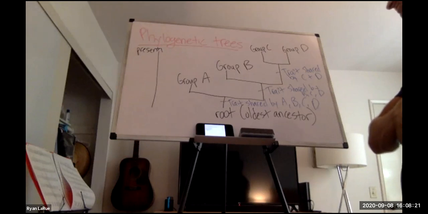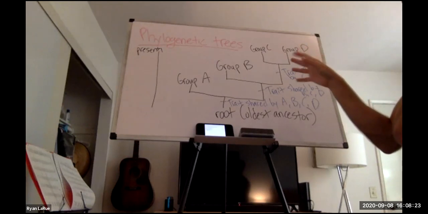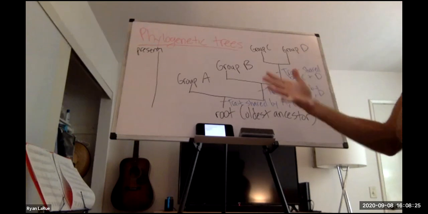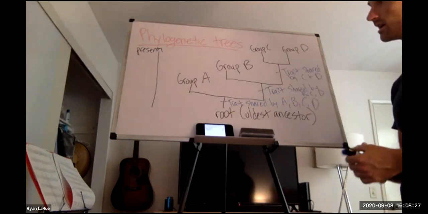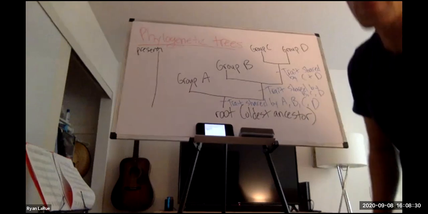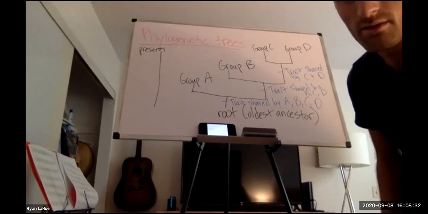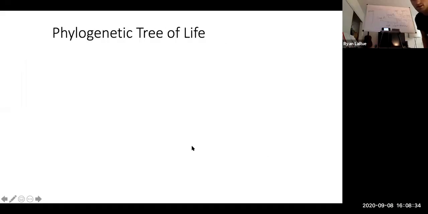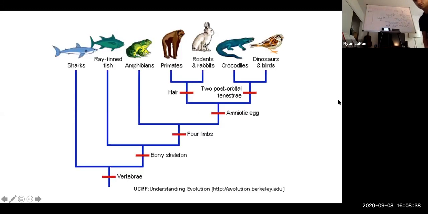Okay, this is a bit abstract, I guess would be the word. So let's look at an actual example of a tree, a phylogenetic tree. So this is pretty cool.